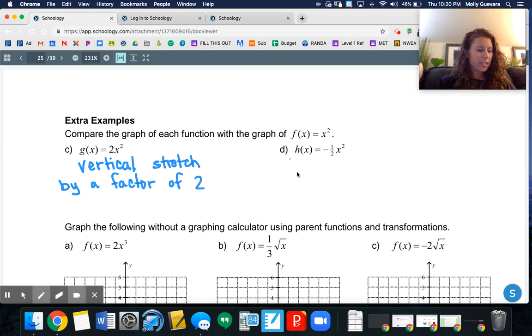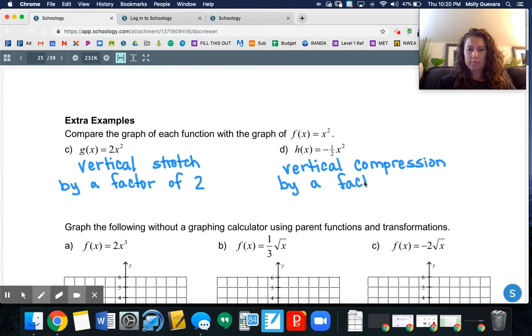Then for D, for h of x, because I have 1/2, this is going to be a vertical compression by a factor of 1/2.